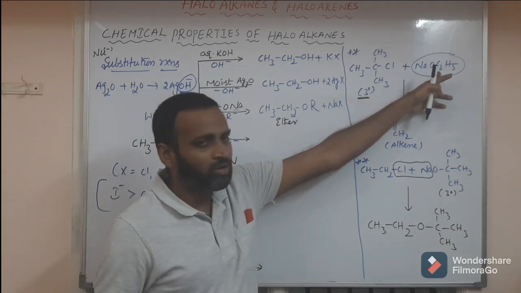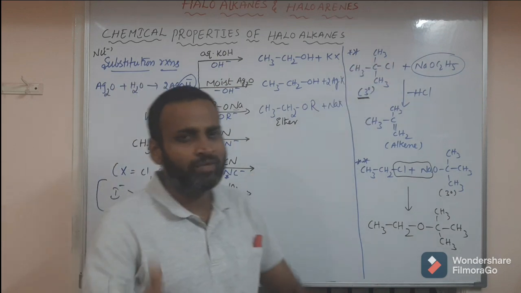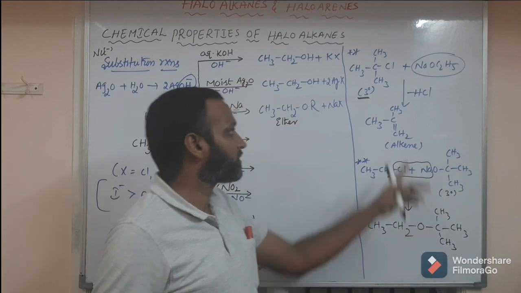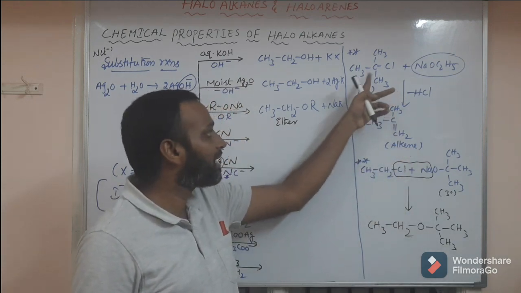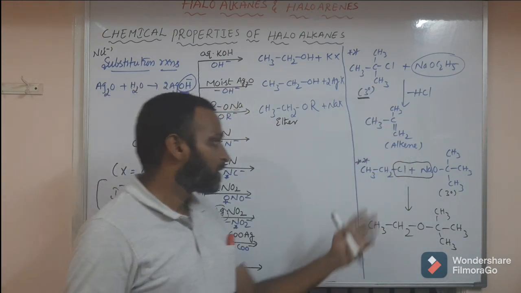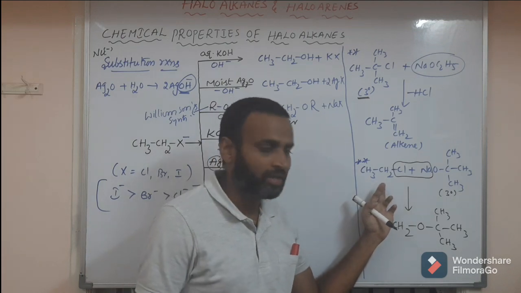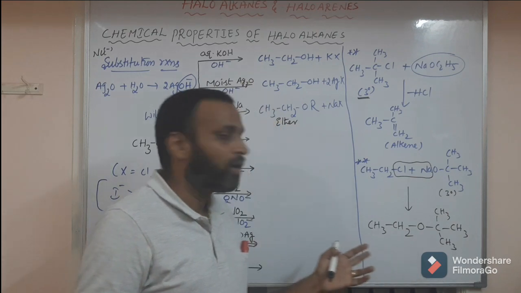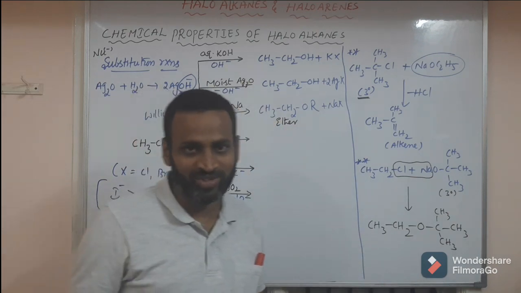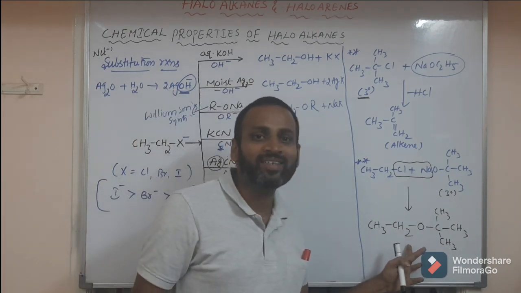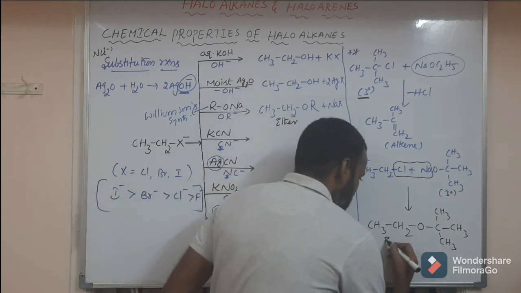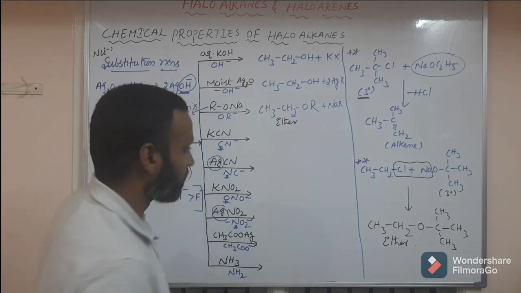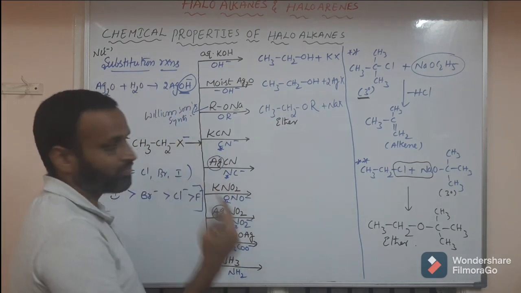So if sodium alkoxide is given and alkyl halide is tertiary, then alkene is the product. If the alkyl halide is primary and the sodium alkoxide is tertiary, then no problem, you will get ether only. This is very, very important. Please note it down.